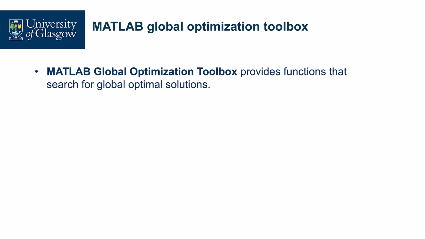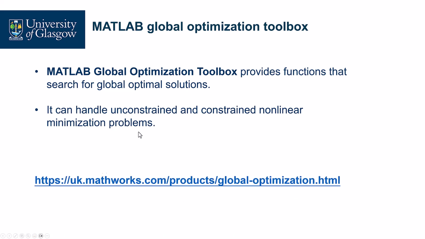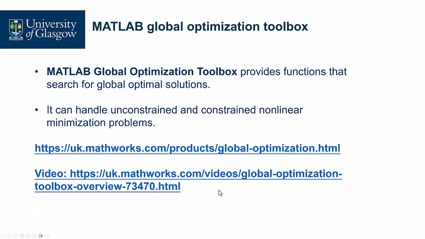All these functions in this toolbox can handle constraints, so it can handle unconstrained or constrained global optimization problems. And all these problems are considered to be minimization problems. Here I provided two hyperlinks, and by clicking them, you can find out more about this toolbox.